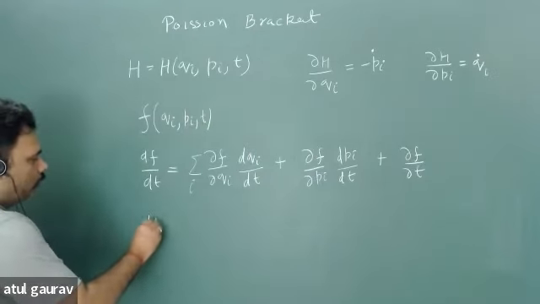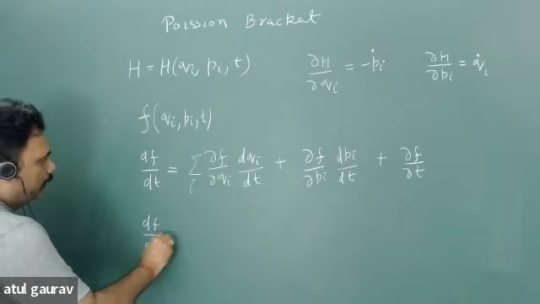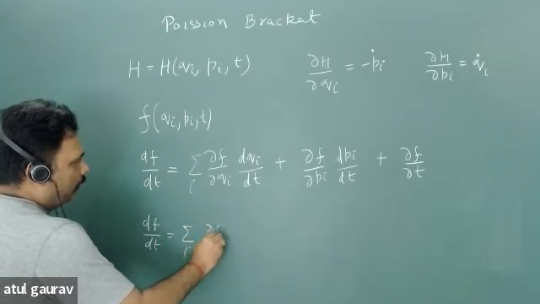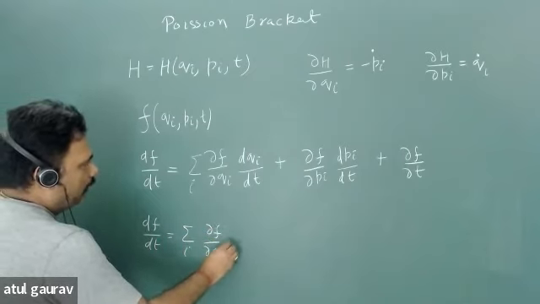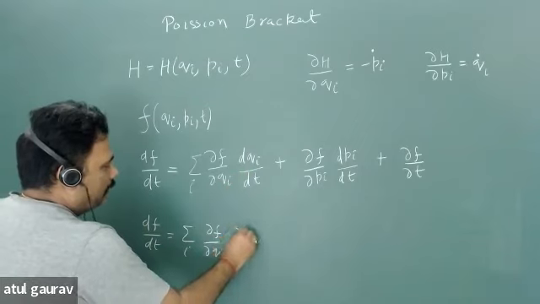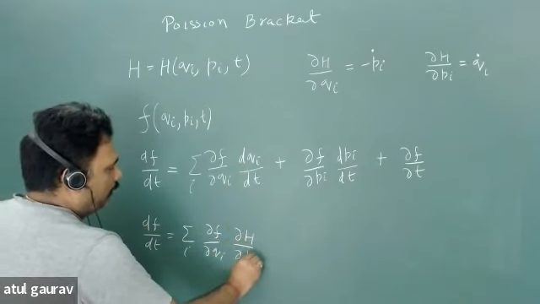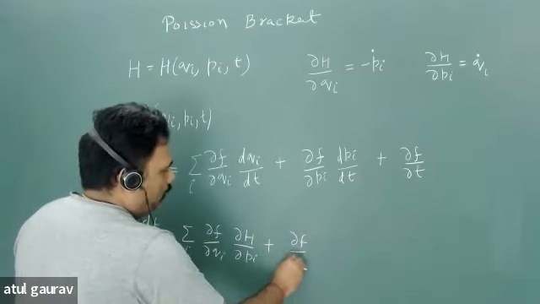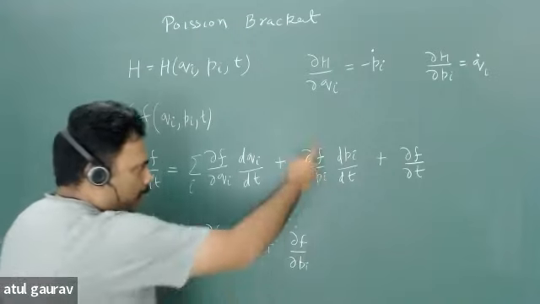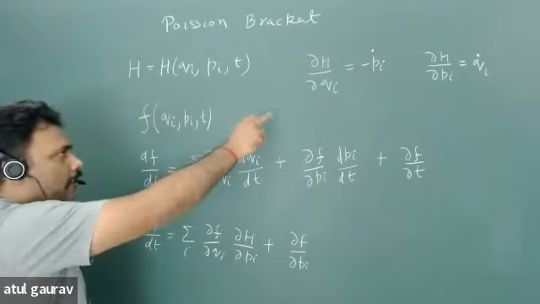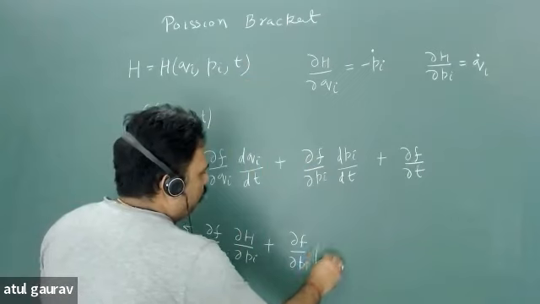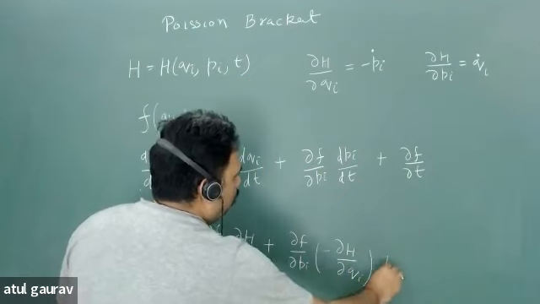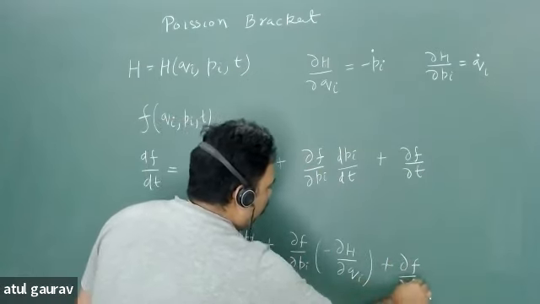So we can write df upon dt is equal to summation over i del f upon del qi times del h upon del pi, plus del f upon del pi times dpi upon dt, which is minus pi dot, so I can take the minus on this side, so this will be minus del h upon del qi, plus we have del f upon del t.